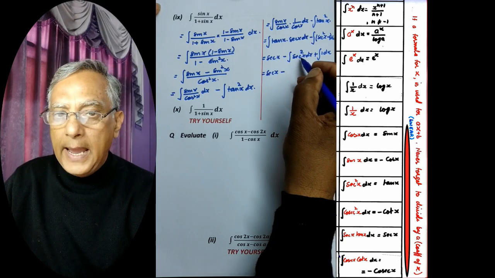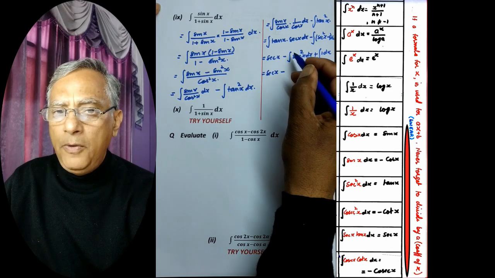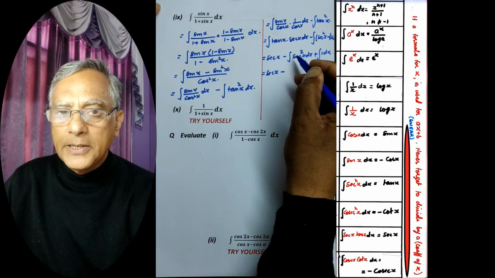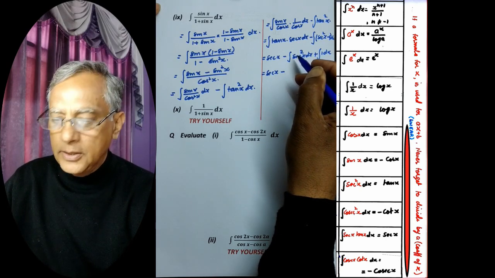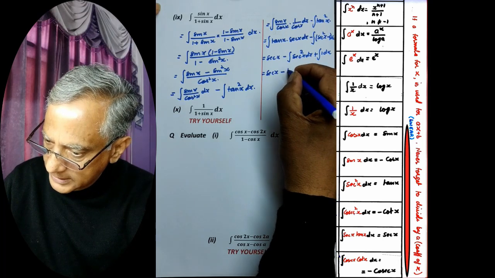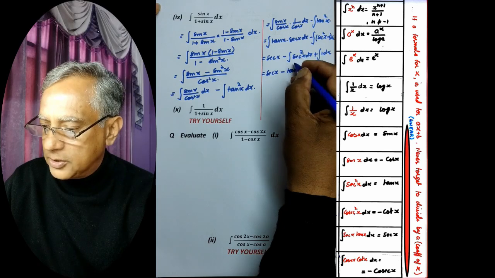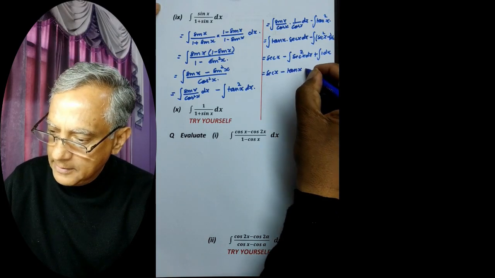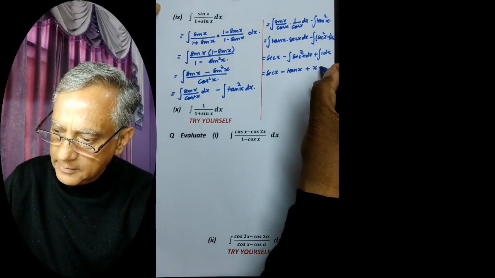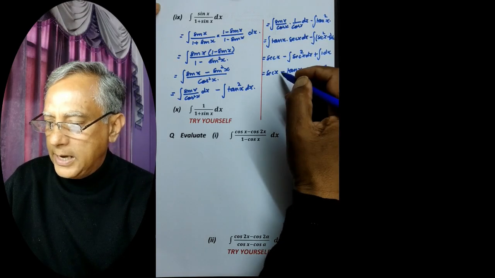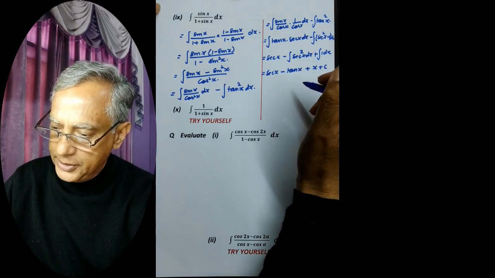Now secant square x is differentiation of which function? It is differentiation of tangent x. Differentiation of tangent x is secant square x. Therefore, integration of secant square x is tangent x plus c. You can see the formulae on the side sheet.